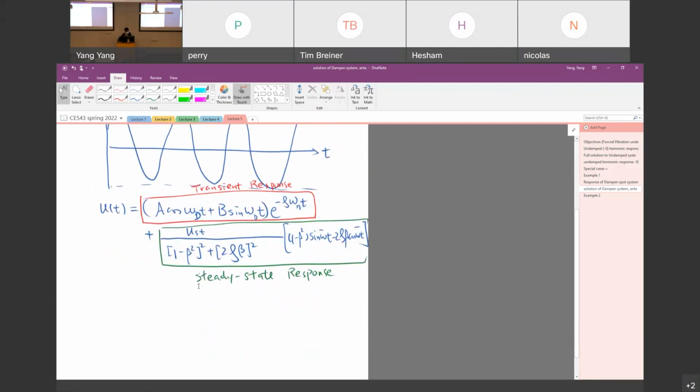This is a little bit different from the undamped system. This equation is also in your textbook, so if you missed anything, please double check with your textbook.